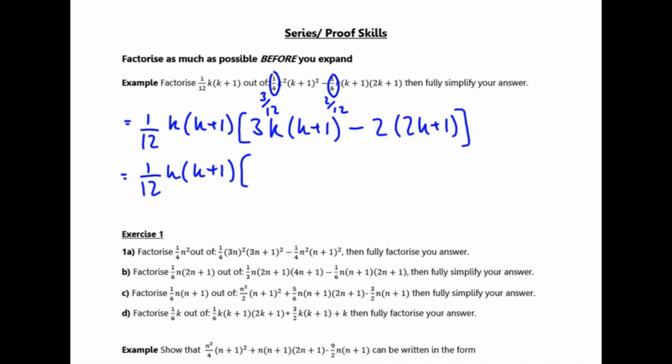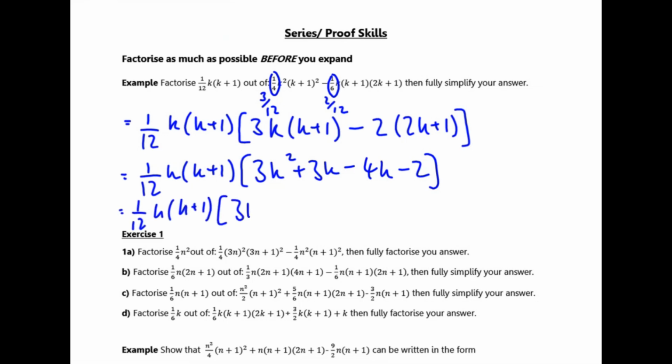But now we're going to expand and simplify the inside, so we're going to get a quadratic, but like I said, that's fine. You should never be expanding more than a quadratic. Put in the like terms. Minus 2.